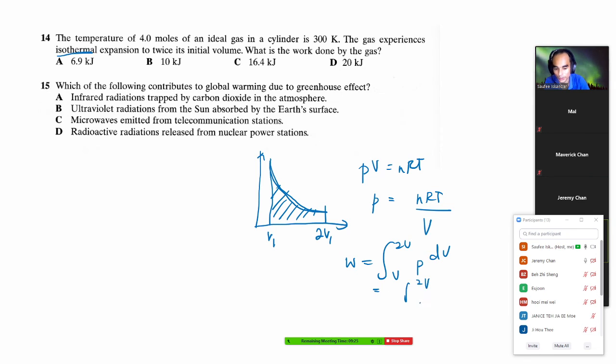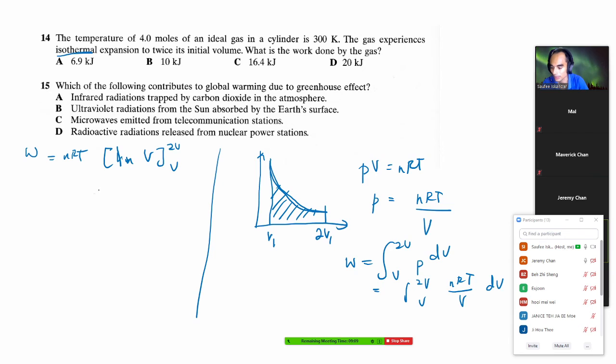So from V to 2V, nRT divided by V dV, so nRT ln of 2V over V. This is the work, and you have 4.0 times 8.31 times 300 times ln 2.